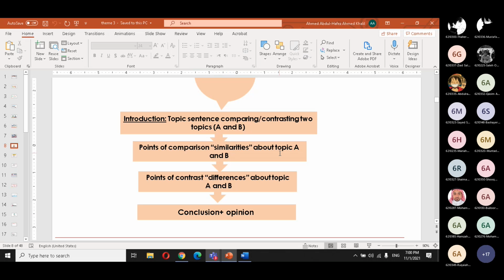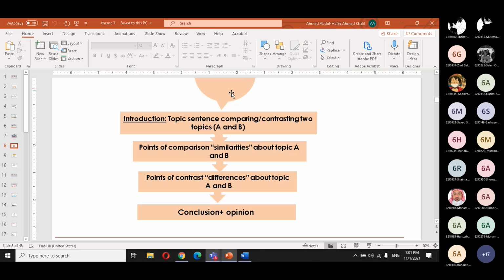If I give you the freedom, I said you are free to write about both of them or write one of them. If you choose to write about similarities only, you will write 3 paragraphs. Introduction, similarities, conclusion. If you want to write about differences only, also you will write 3 paragraphs. You will delete the second paragraph about similarities.